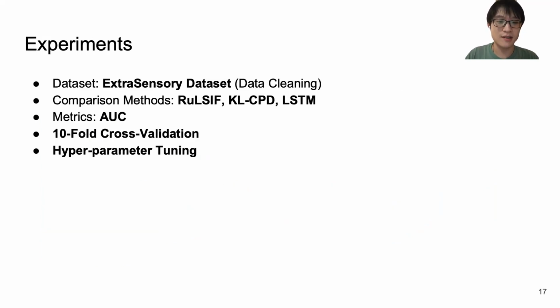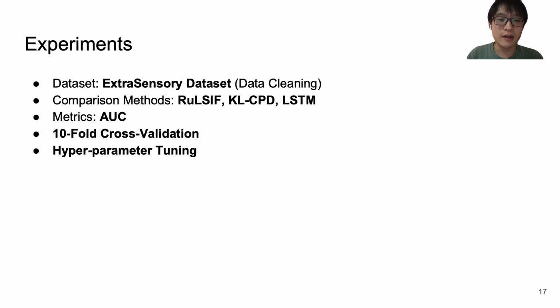So now, let's go to the experiments part. The data set we use is the ExtraSensory data set, which is highly complex human activity data. We also did data cleaning, but because of time constraints, we won't elaborate on this part. If you have any questions about it, we can discuss it during the Q&A time.